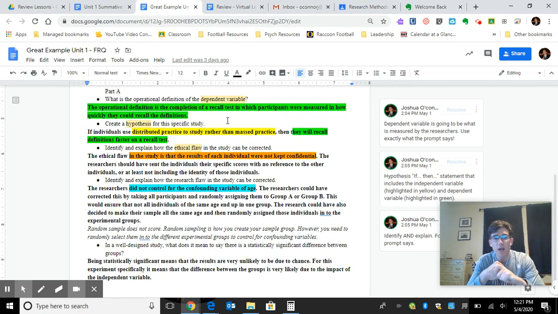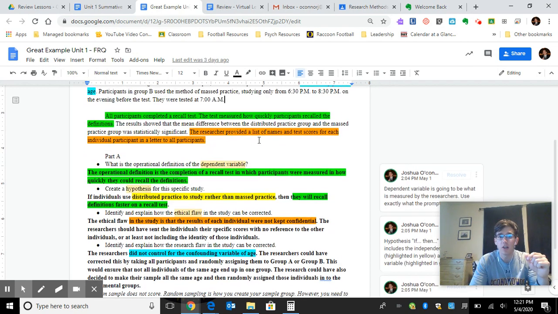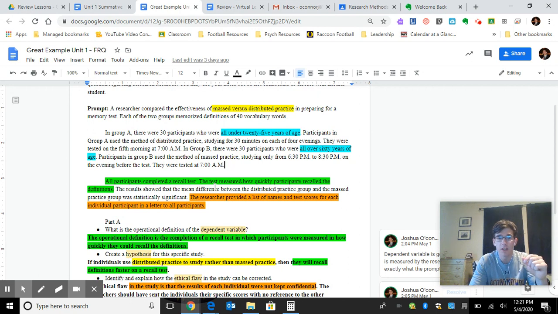So here, the operational definition is the completion of a recall test in which participants were measured in how quickly they could recall the definitions. So once again, go back, look at the prompt. It says the test measured how quickly participants recalled the definitions. And it even says measured in there, right?